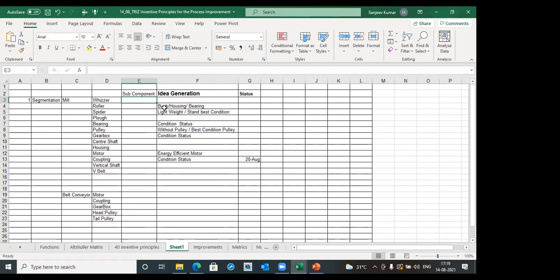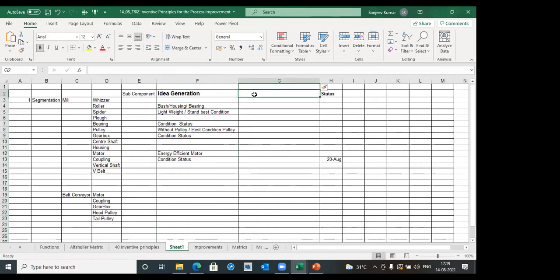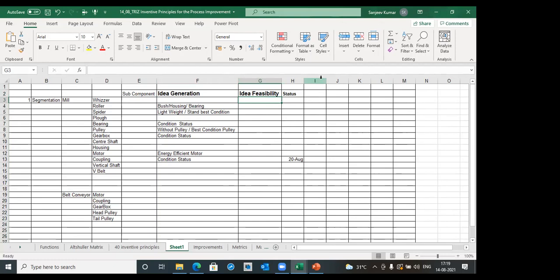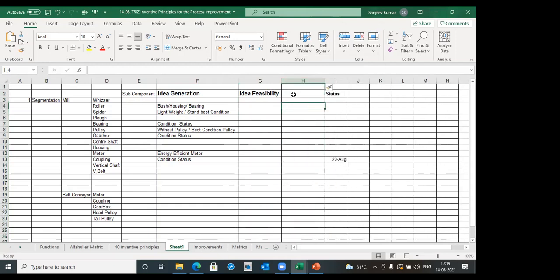So you can create one more column stating the feasibility of the idea, idea feasibility, and then finally the implementation time. What is the time required for you to implement? That depends upon what ideas come accordingly. Exactly. Yes. Implementation time.